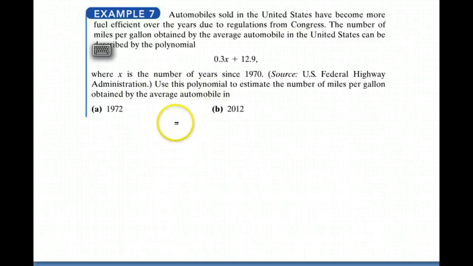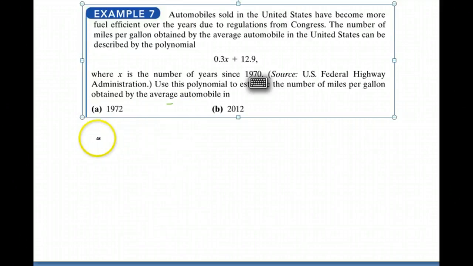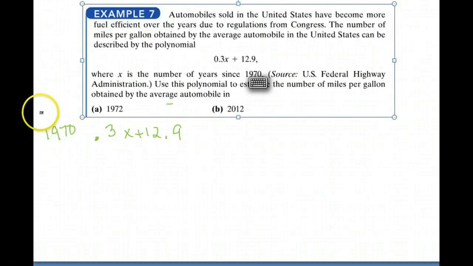So, the way that we would use this polynomial to help us out with this problem is first we're going to write it 0.3x plus 12.9. We need to remember that x is the number of years since 1970. If we are evaluating for 1972, we need to figure out how many years difference there is. So we're going to start by subtracting, and we'll get 2.